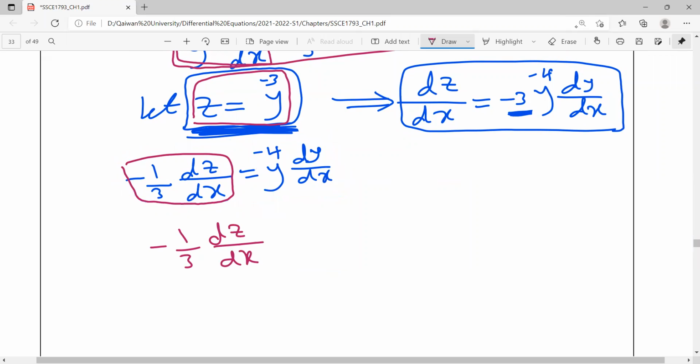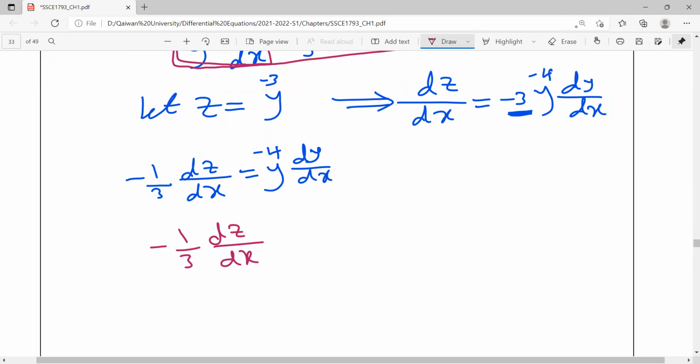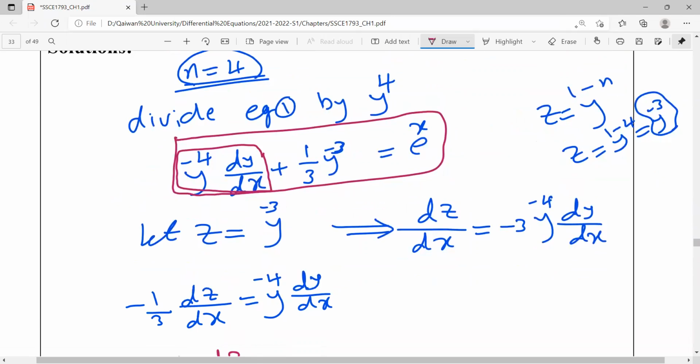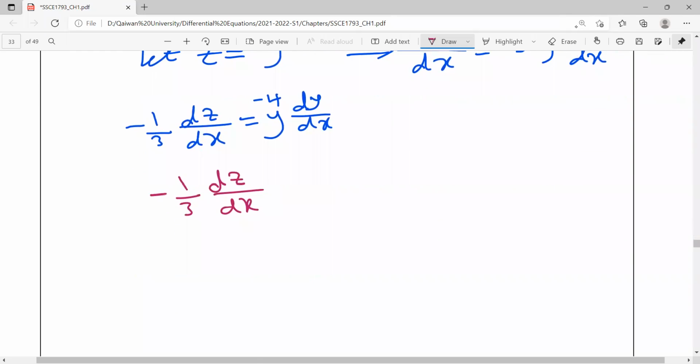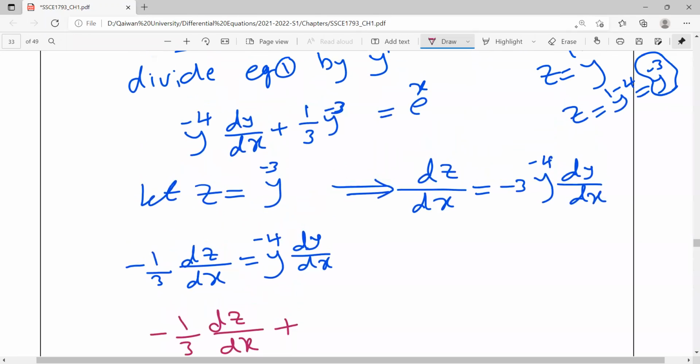Let me clean this. So we get this. Then plus, here you have 1/3 y to the power minus 3.